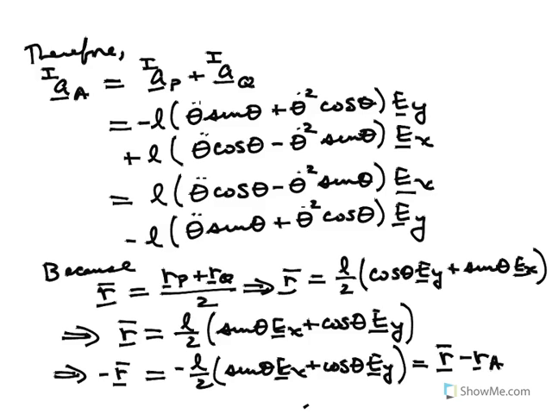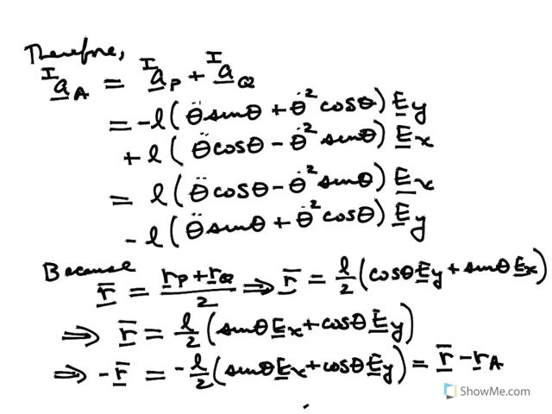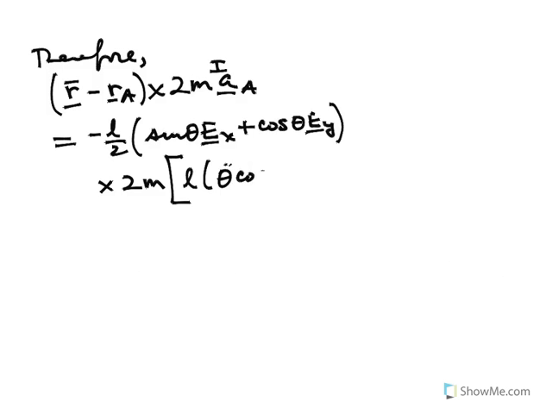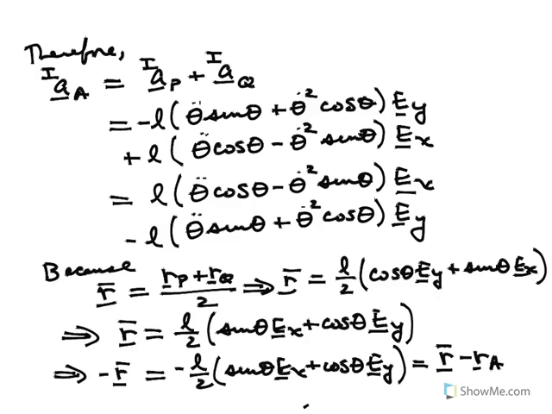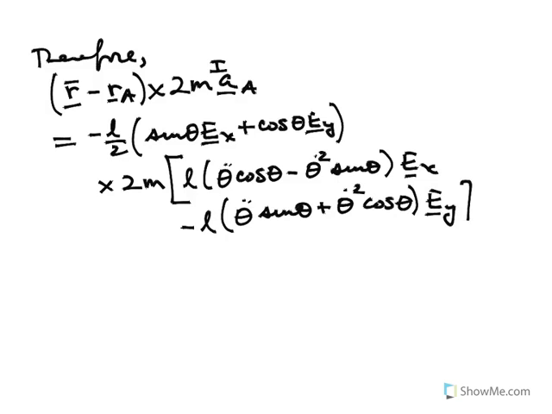But the acceleration of A is equal to L times theta double dot cosine theta minus theta dot squared times the sine of theta, times Ex, and then minus L times theta double dot sine theta plus theta dot squared cosine of theta times Ey.